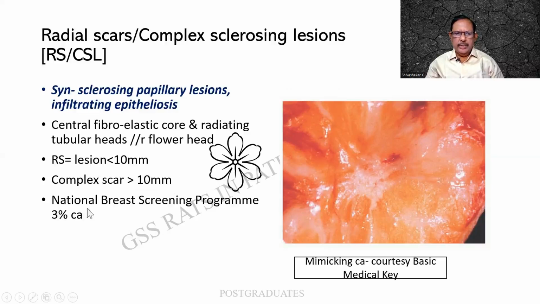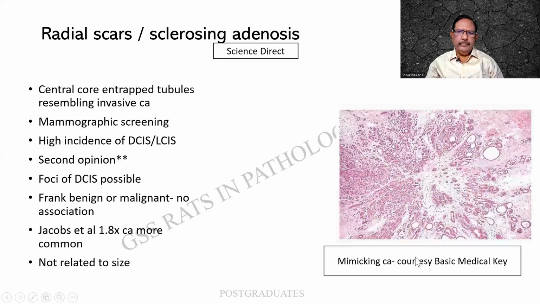And according to this, you find that more than 3% of the cases can go in for malignancy, thanks to Basic Medical Key. And there is the histological counterpart of it. I am able to see the thin strands of fibrous tissue, incompletely encompassing the florid epithelial hyperplastic regions.